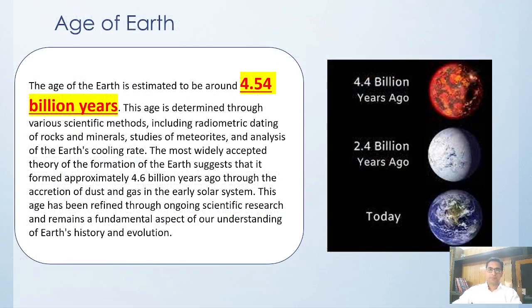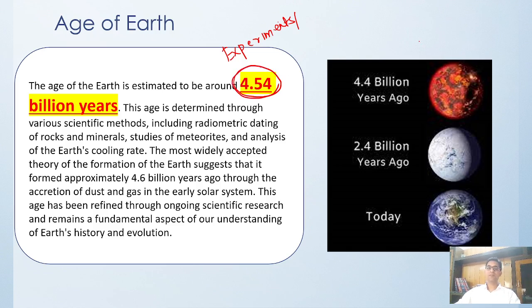Now, age of Earth. So how do we actually find out the age of Earth? By various experiments and various other advanced scientific and technological measures, it is found that the Earth is around 4.54 billion years old.